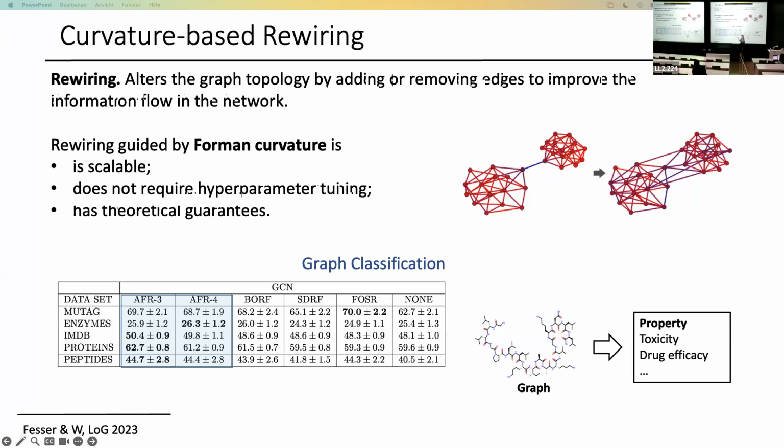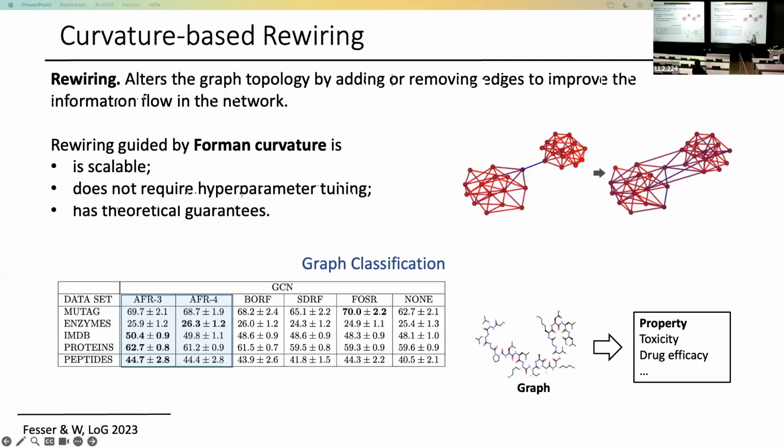If we do pre-processing with curvature, then those are various different variants that have been proposed. Here's ours with Foreman curvature. And then there's also another variant of this that uses the spectrum of the graph Laplacian to guide rewiring, which in one case does really well, but oftentimes does a little bit worse than curvature.